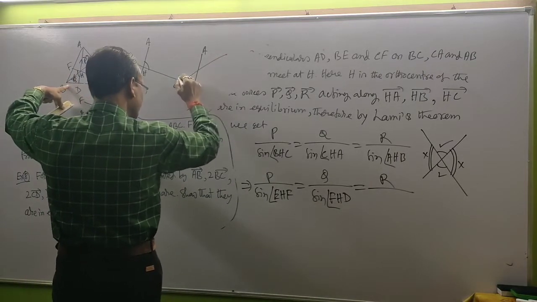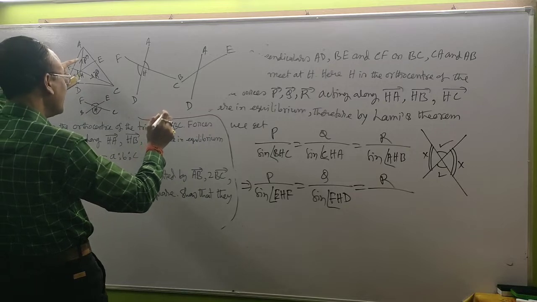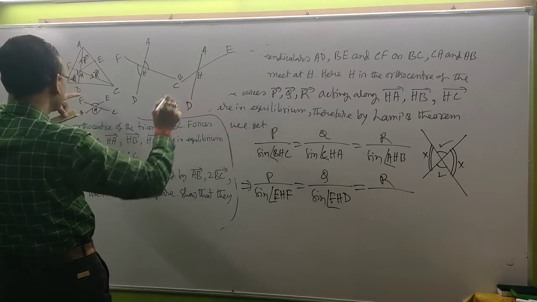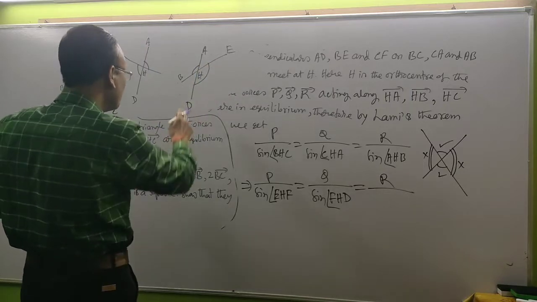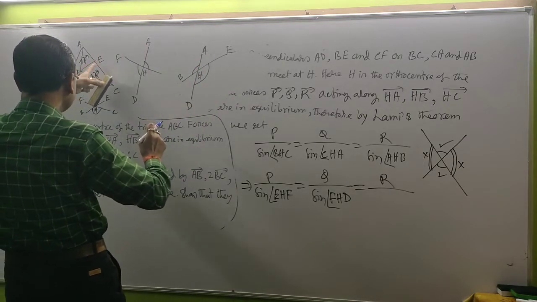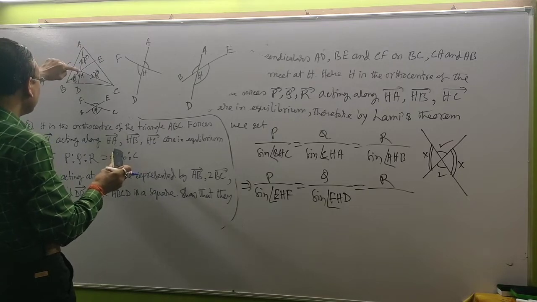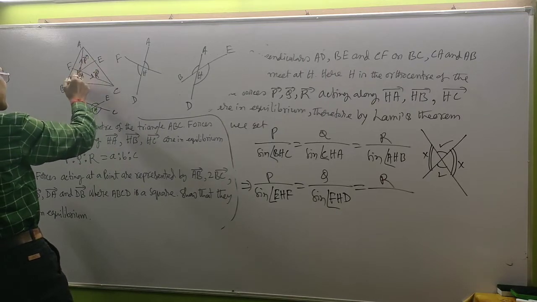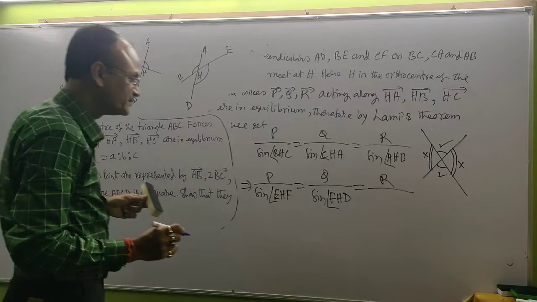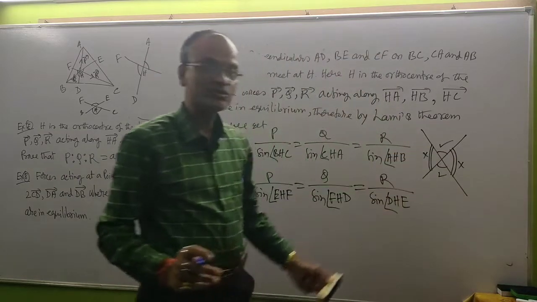The angle AHB should be equal to the angle DHE, because vertical angles are equal.